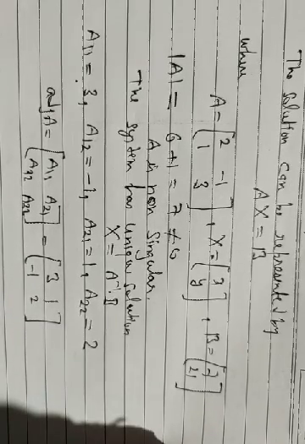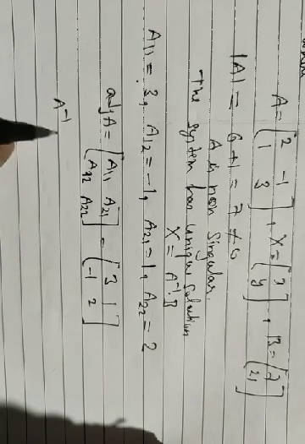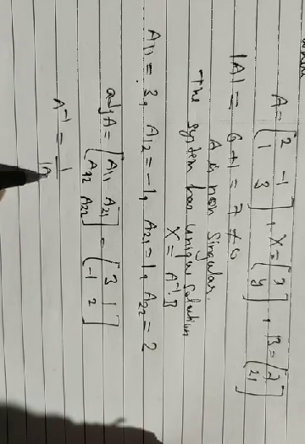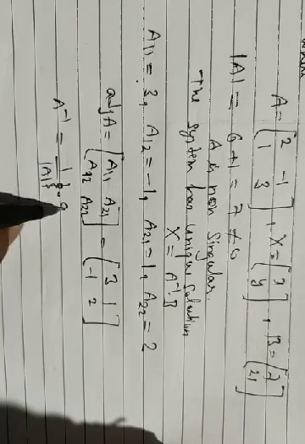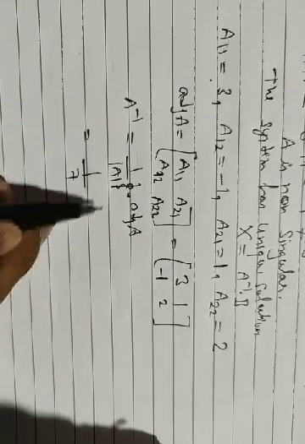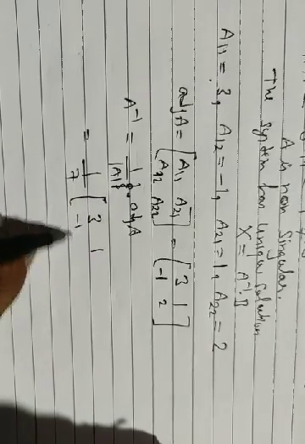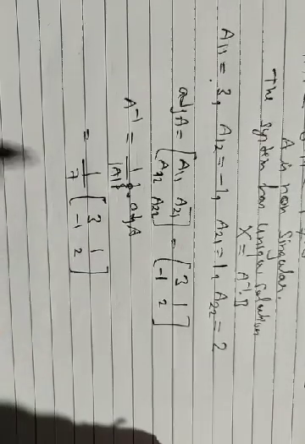We get the adjoint of A. Now, getting the adjoint of A, we are able to find A inverse, which is 1 by determinant of A into adjoint of A. The determinant of A is 7 there, and our adjoint of A is 3, 1, minus 1 and 2.